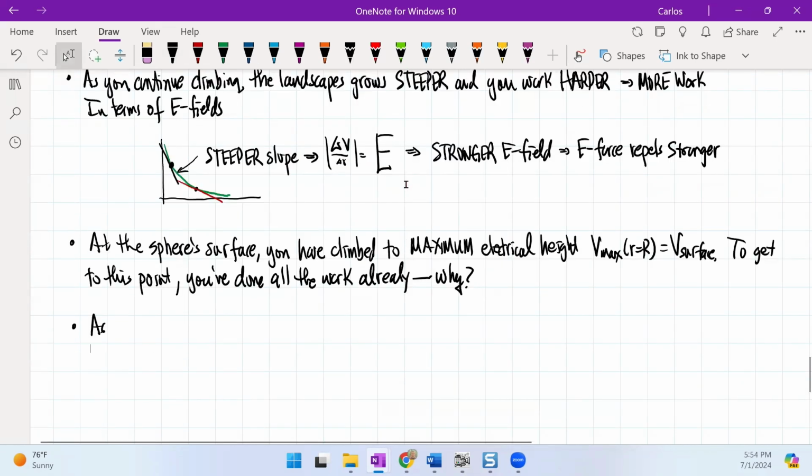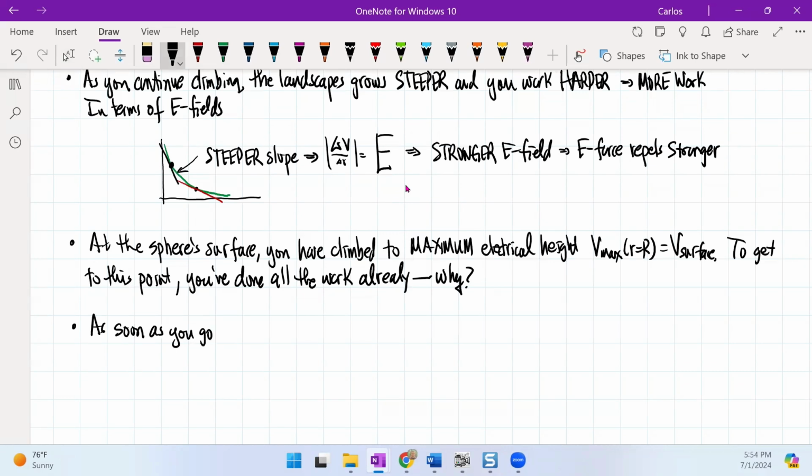So as soon as you go inside the sphere, you're surprised because it's a flat terrain.